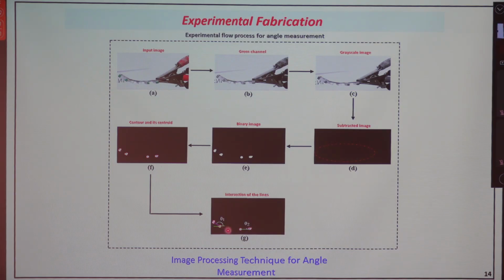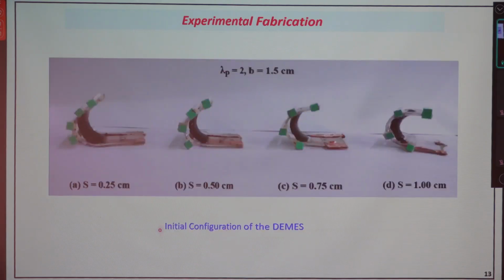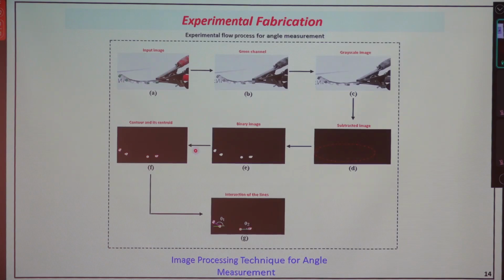Actually it should be directly theta, but if you go back and see, it is lifted a little bit from the horizontal also. That is taken by theta 2, a very small angle that is being lifted. When you subtract theta 2 from theta 1, you get the theta value, the actual angle of the DMS from the horizon. So that theta 2 is what we miss when we measure manually.